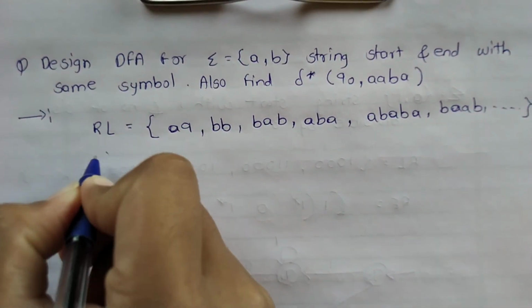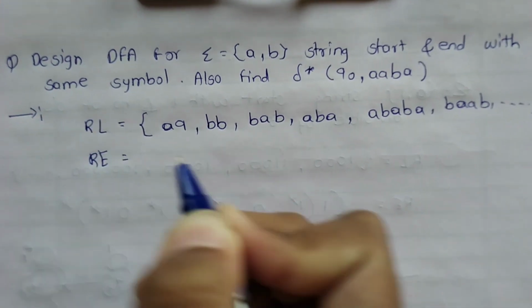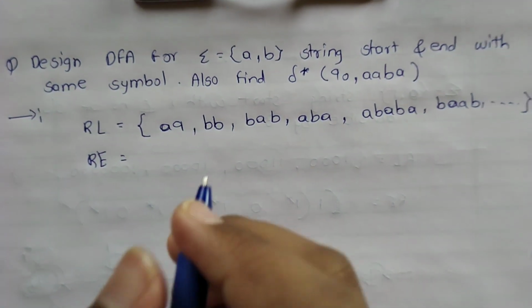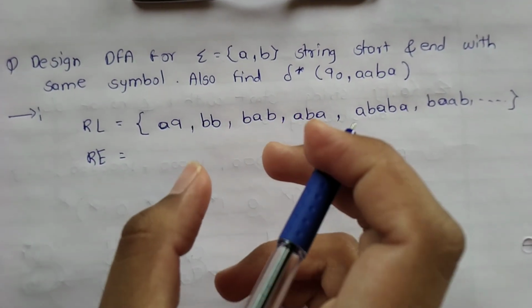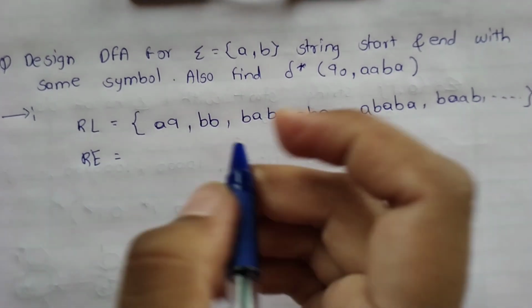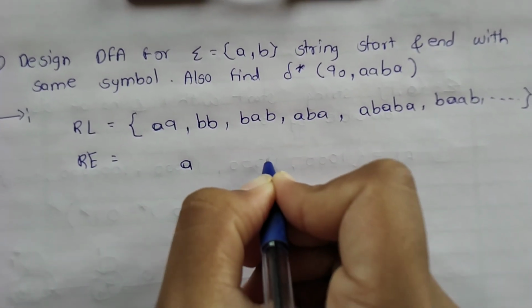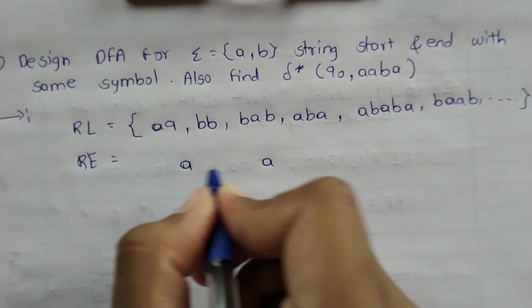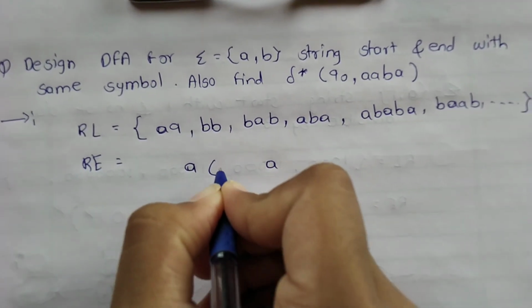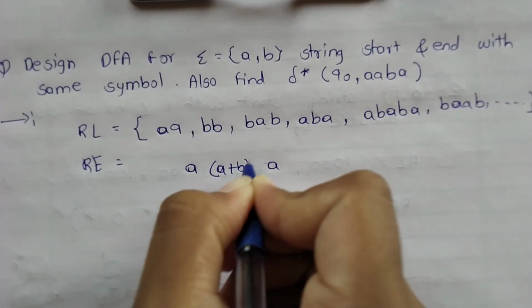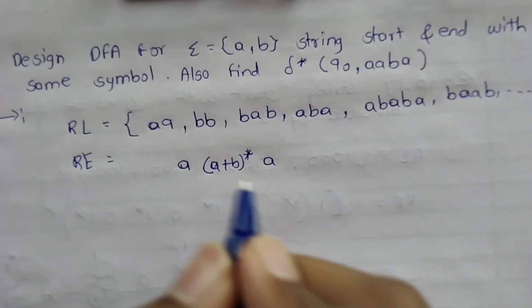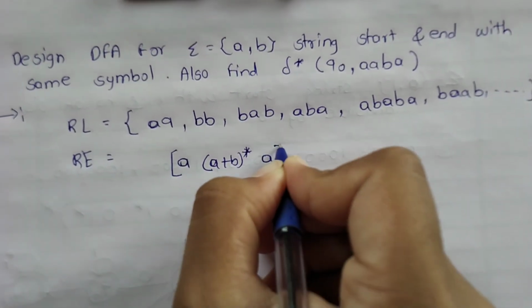Now we write the regular expression. As I said, first write the constant symbols which are essential. So here two possibilities. First a, start with a, end with a, and in the middle any a plus b star can be possible. So this is the one string.